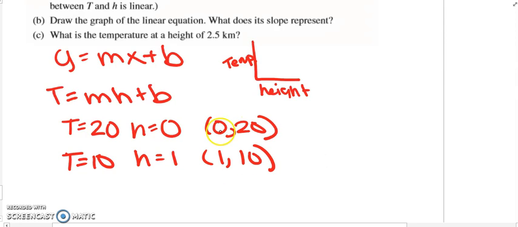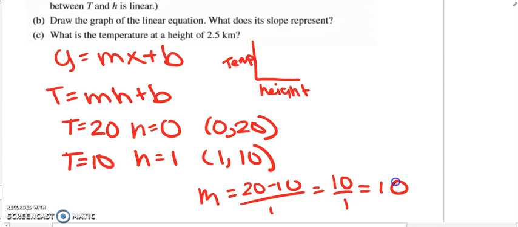You can calculate slope using this. Y equals mx plus b, we know that we need m. You're going to do change in y over change in x, you get 10 over 1 or 10. So there's our slope. We also have to find our y-intercept.